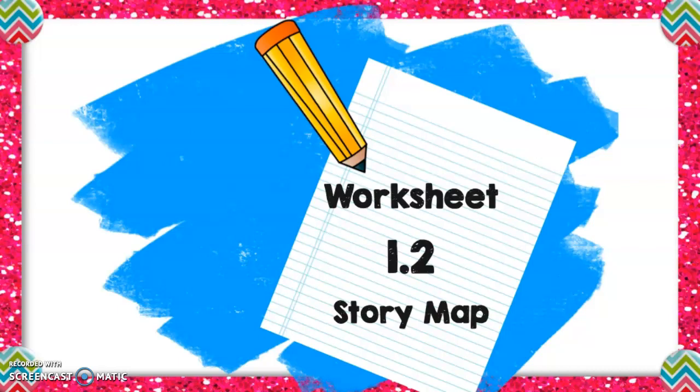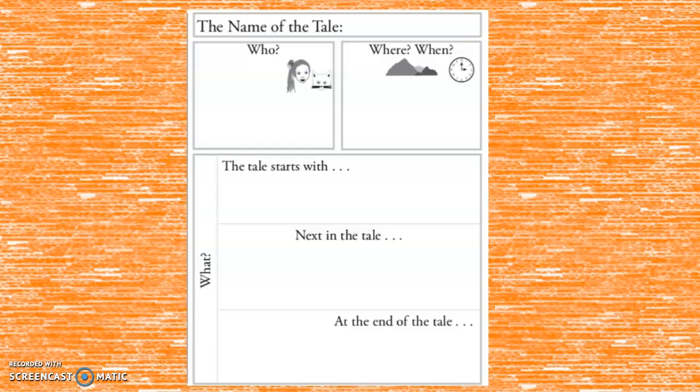So on activity page 1.2, after you have read In the Cave 2 times, you are going to use all the information that you heard in that story, and you're going to fill out your story map. So we have done this kind of map a couple times before. Using the 5 W's, we are going to answer some questions about the story.